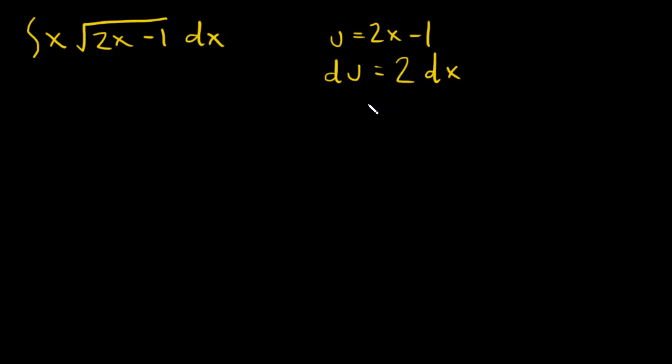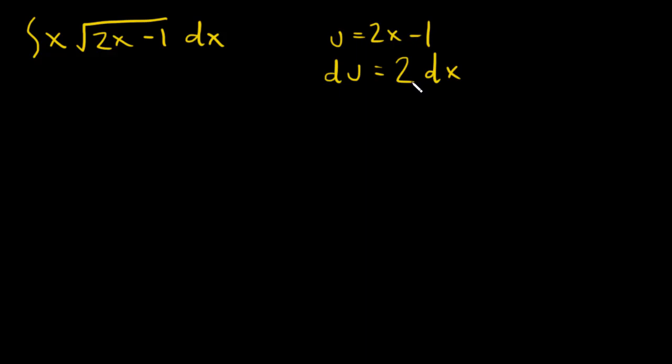So this is where it gets a little strange. What I've got is an expression for u, which I said is 2x minus 1, and then I've got an x just hanging out right here. When I do my u substitution, every single one of these terms has to be in terms of u. So let me show you what that would look like.